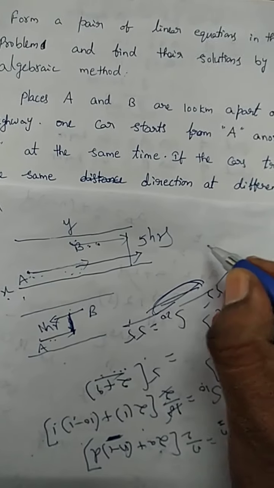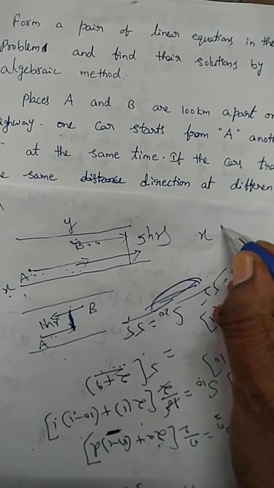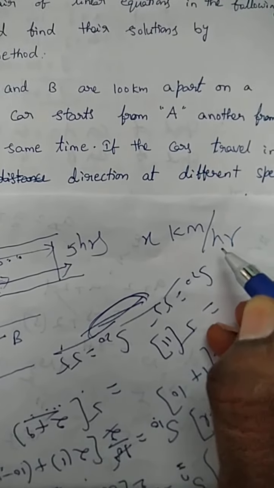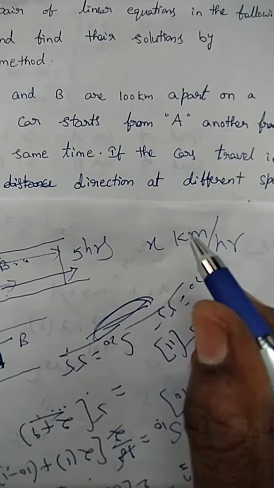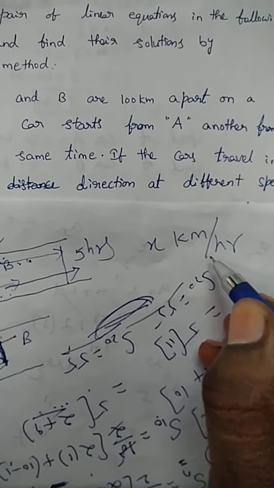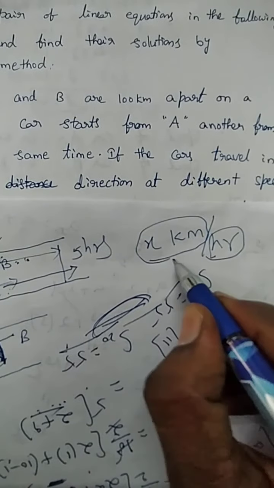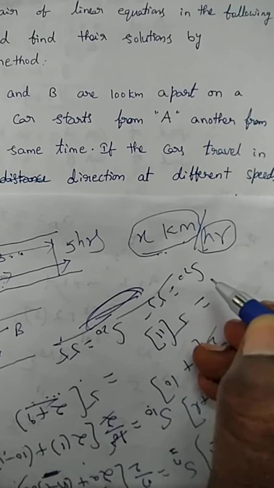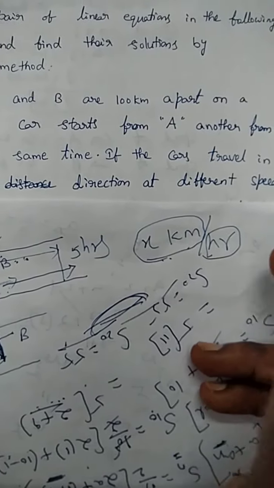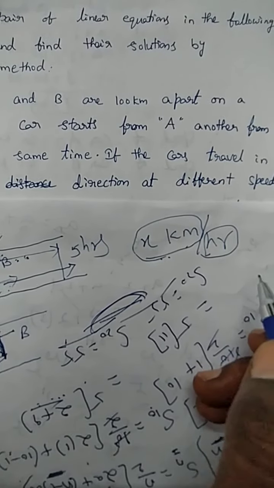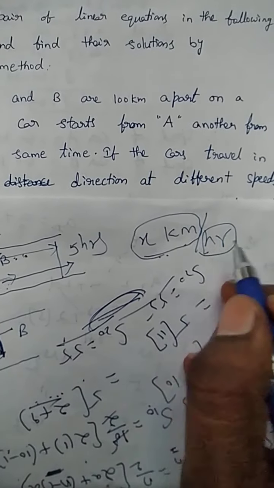Speed is represented as x kilometers per hour. The meaning is that whatever the vehicle travels in 1 hour, that many kilometers. For example, 10 kilometers per hour means within 1 hour it will travel 10 kilometers, and 15 kilometers per hour means within 1 hour it will travel 15 kilometers.